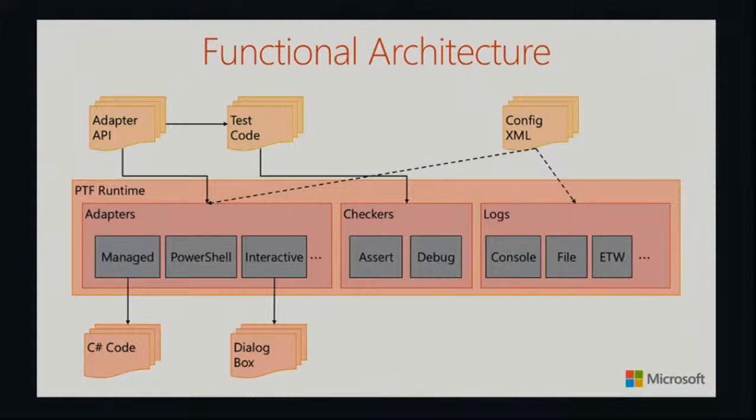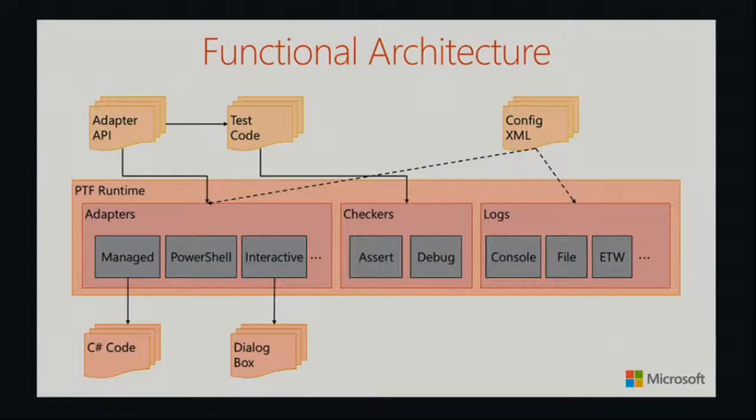For the checkers, the asserts, we use them to verify whether the test result matches the expected result. And for the debugger, we use it to log some internal test code. Then for the logging part, we have the console logging, the file logging, and the ETW logging.